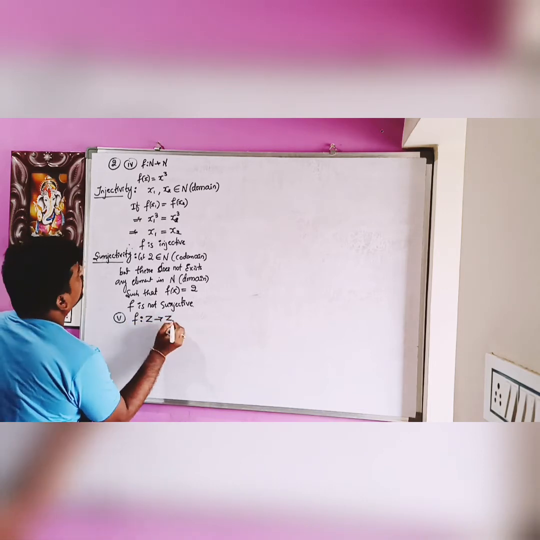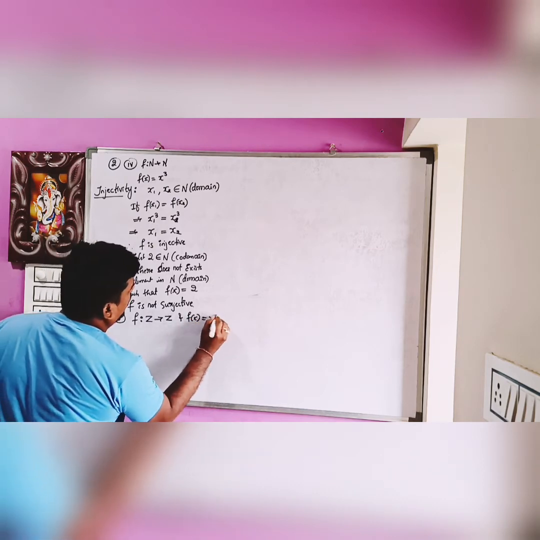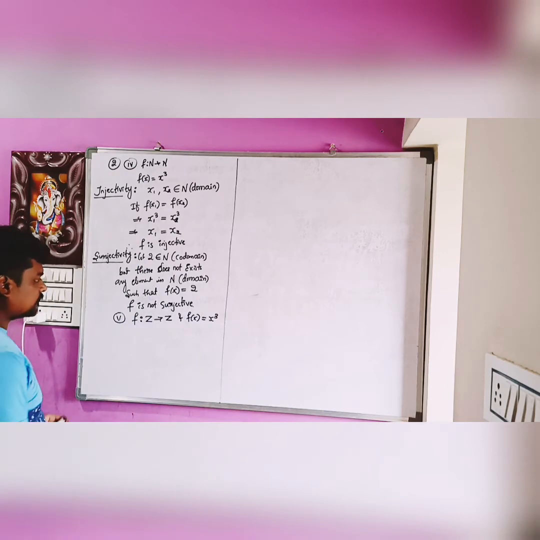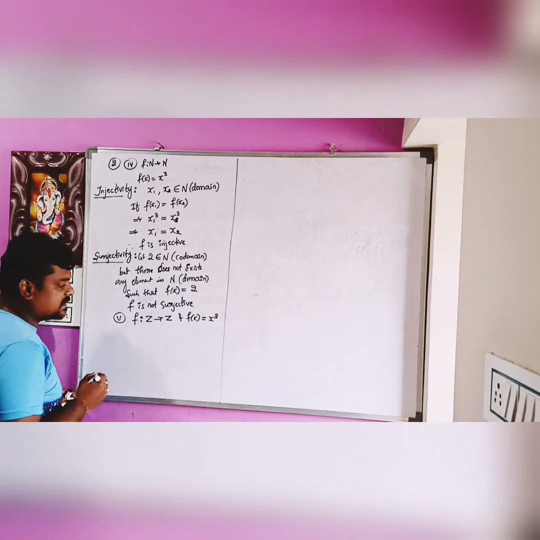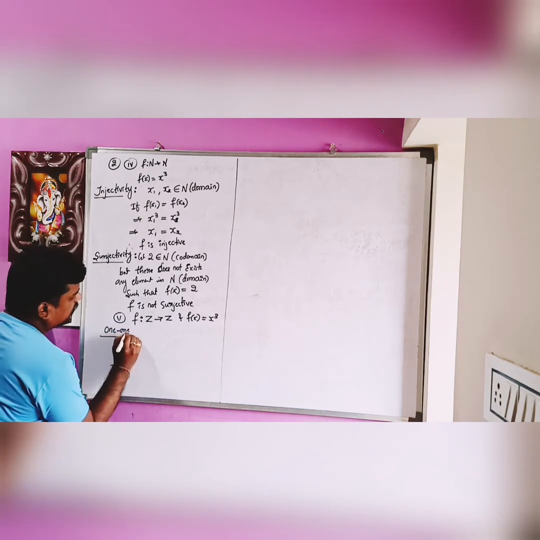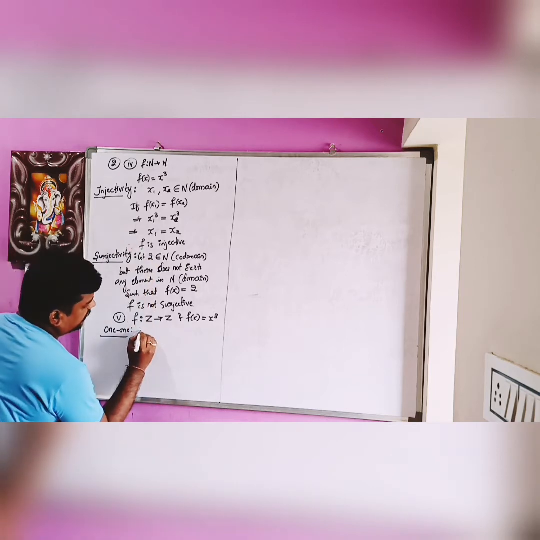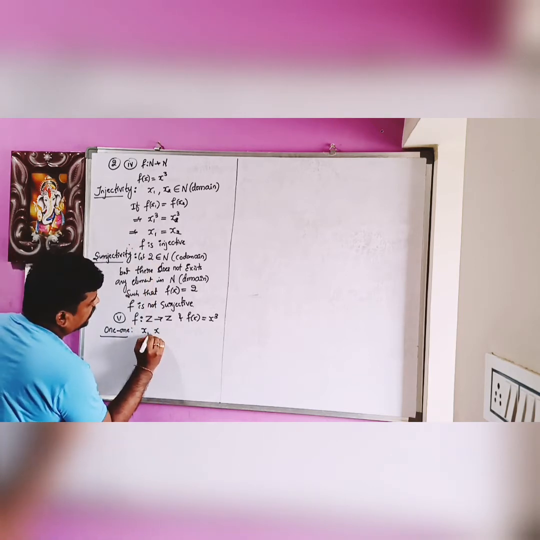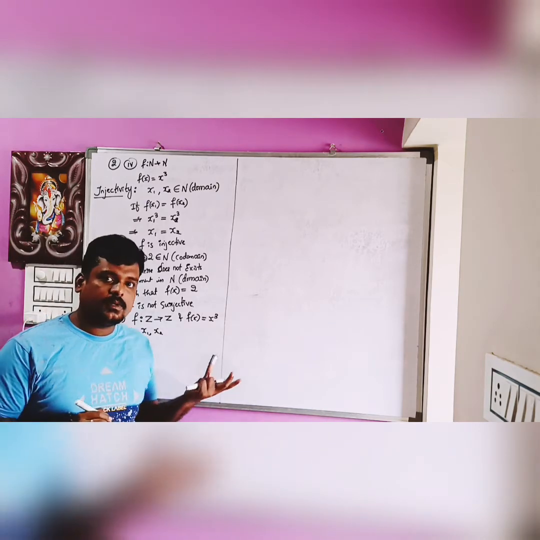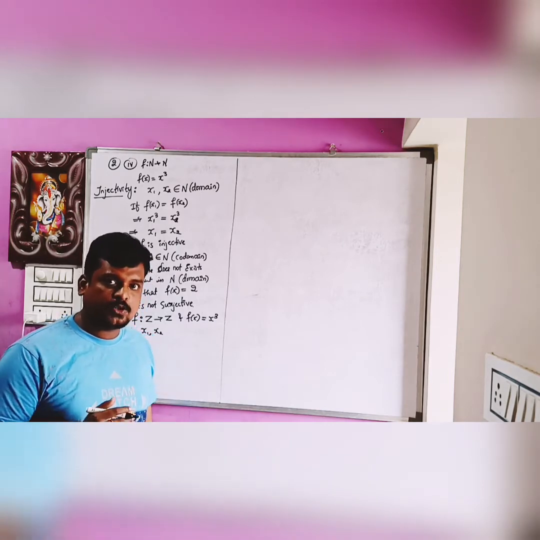Similarly, we go for the fifth case, f from Z to Z, defined as f of x is equal to x cube. For one-one, also called injective, the same thing is repeated, because a negative cube is negative and a positive cube is positive.